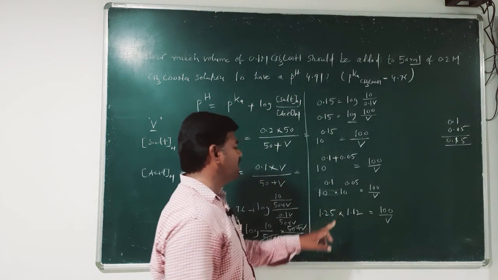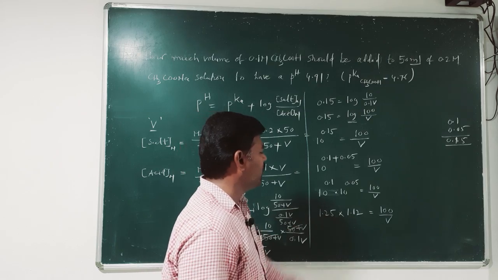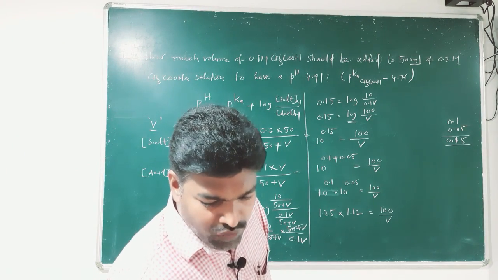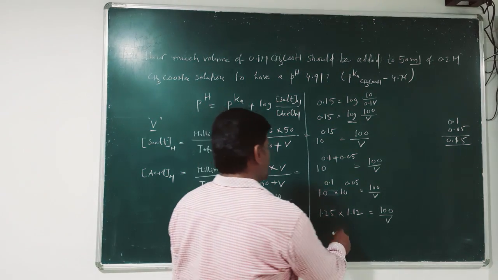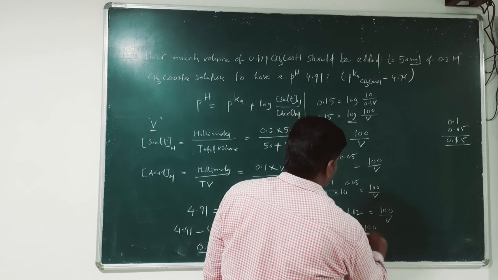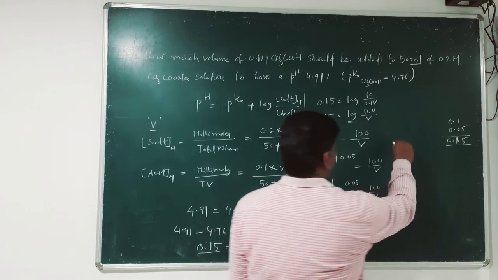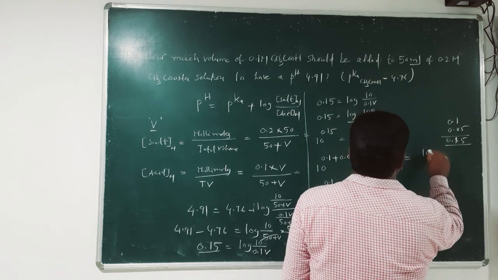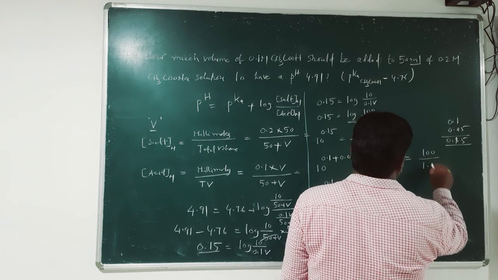So when we multiply 1.25 into 1.12, it comes out to be 1.41, which is equal to 100 by V. From this we can calculate that V is equal to 100 by 1.41.